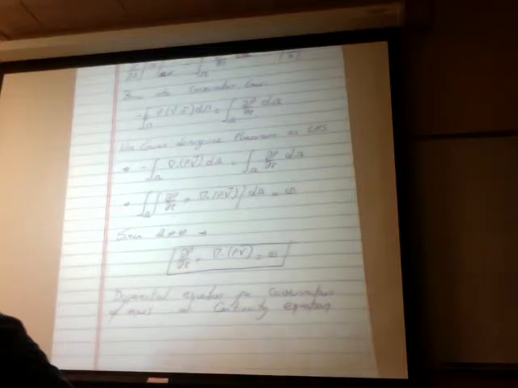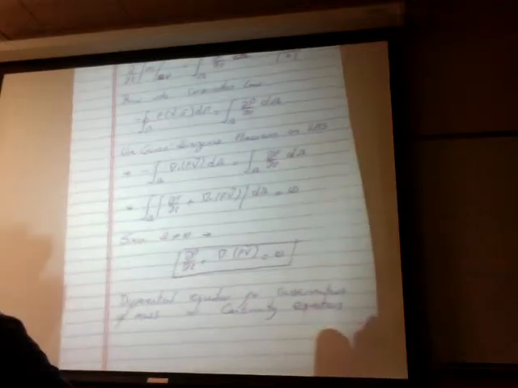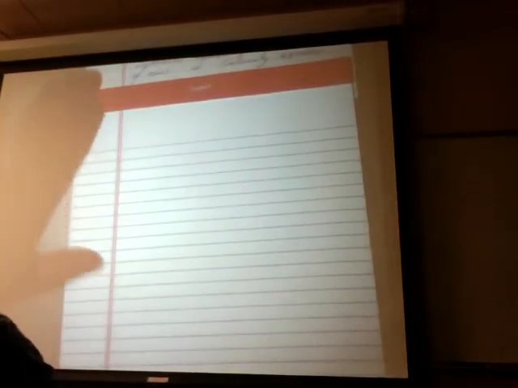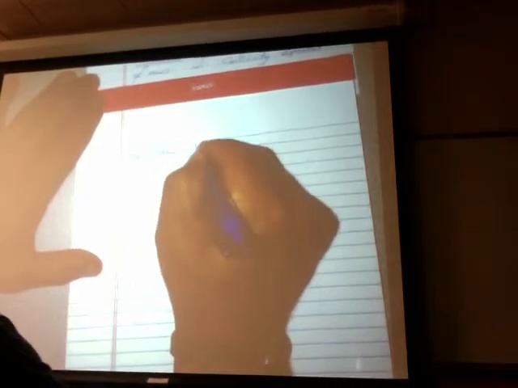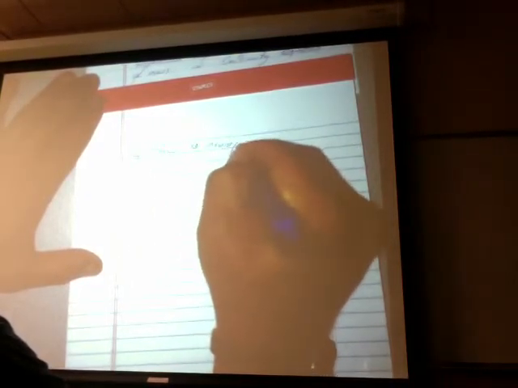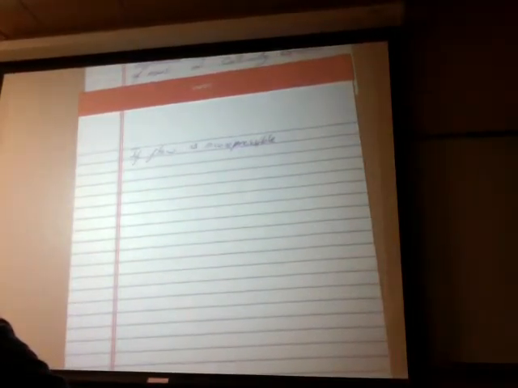Now, if we start with that equation and say, well, let's assume that flow is incompressible. If flow is incompressible, what does that mean?